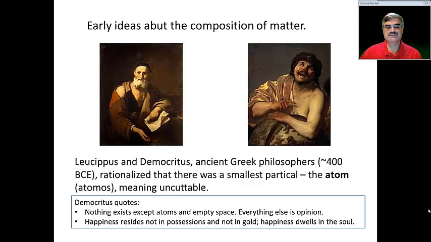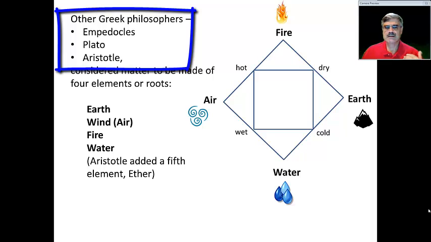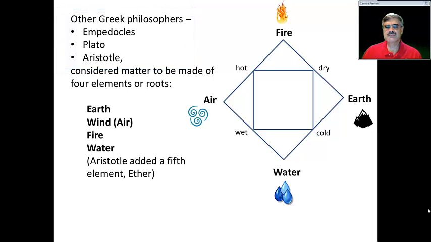Now, while Leucippus and Democritus conceived of this smallest uncuttable particle, other philosophers took a different approach. Empedocles, Plato, Aristotle considered matter to be made of 4 root elements, which we've traditionally called earth, wind, fire, and water.